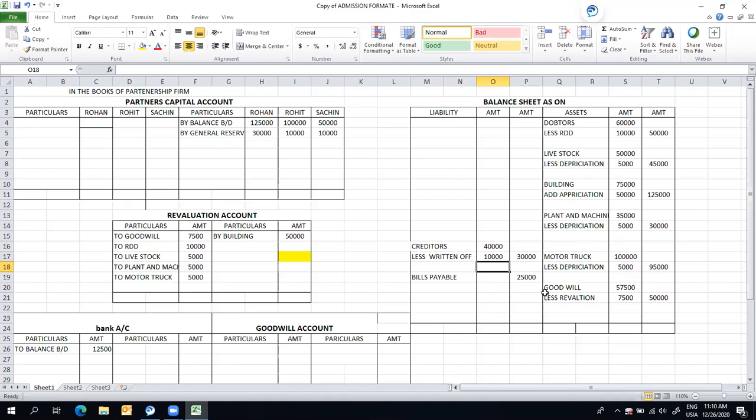This 10,000 is profit or loss? Profit. Yes, it is profit. And that's why effect will come in revaluation account credit side by creditor, 10,000. Is that clear?